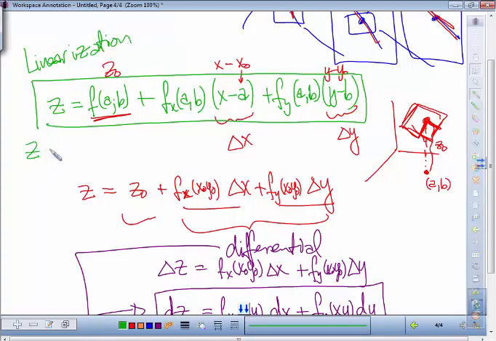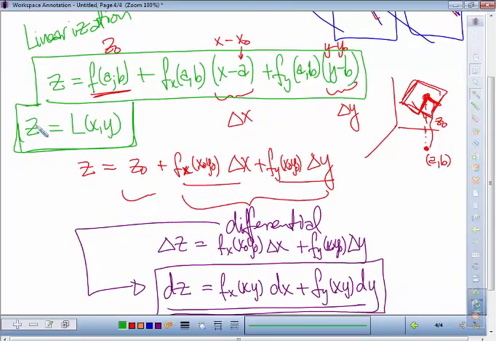Sometimes, instead of calling this z equal to something, they call it L of xy, L standing for linearization. It's using a tangent plane.